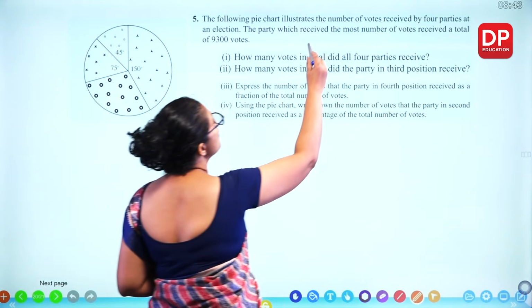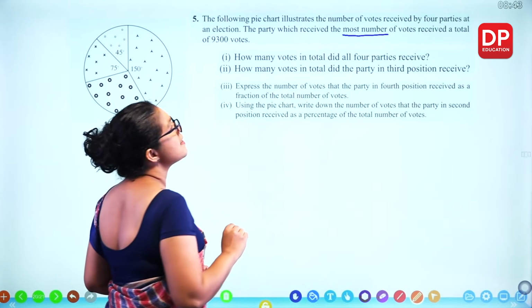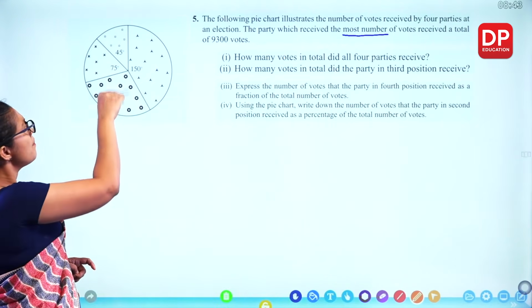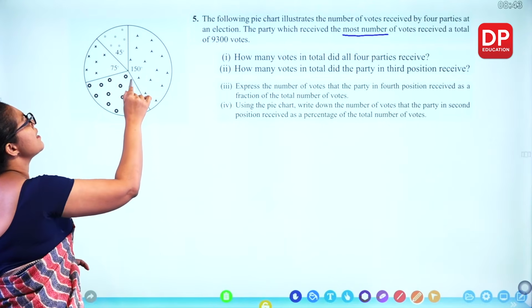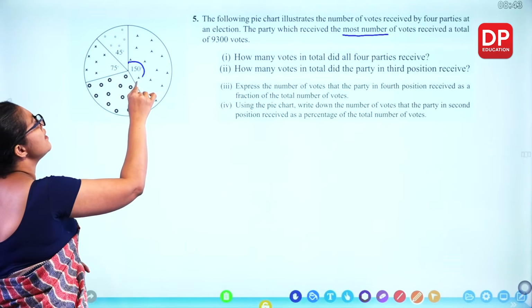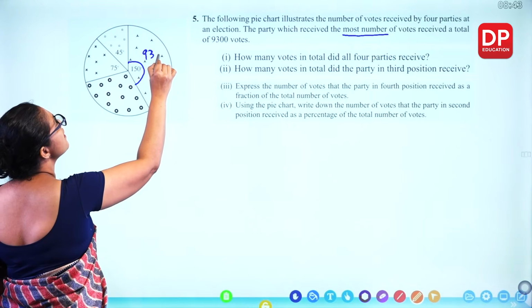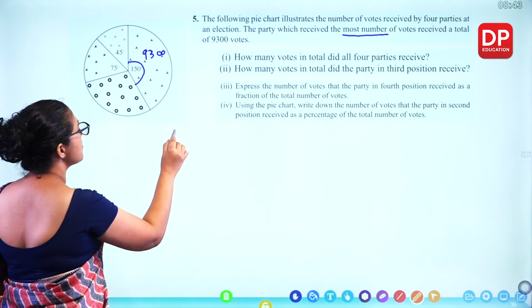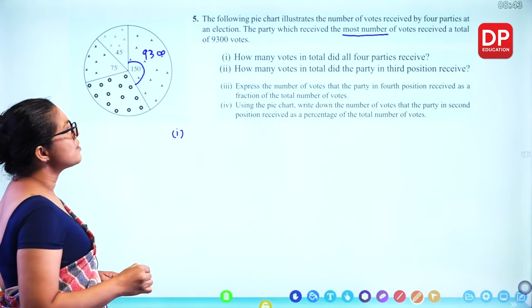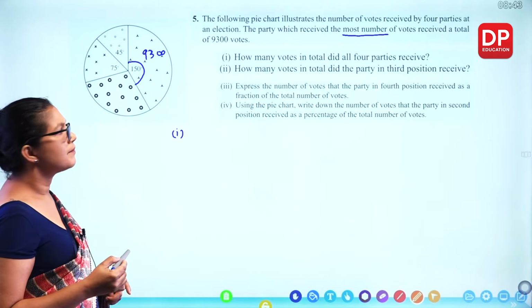By looking at this, which one is the most? This angle is the higher, so this one is the most. So this represents 9,300 votes. Now they are asking, first part, how many votes in total did all 4 parties receive?